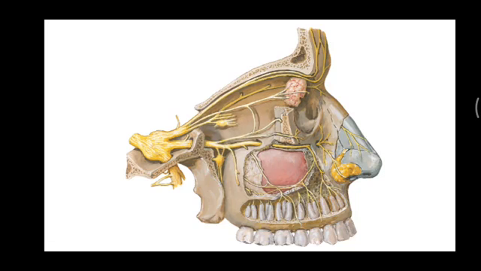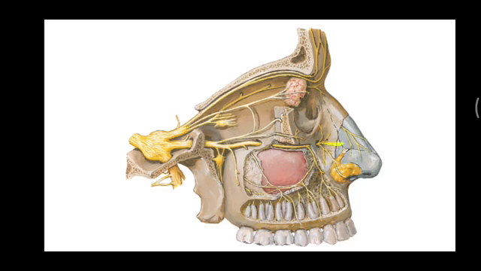Now the last part, the branches on the face. They are the palpebral branches. They turn upwards, pierce the orbicularis oculi and supply the skin of the lower eyelid. Next one is the nasal branches.